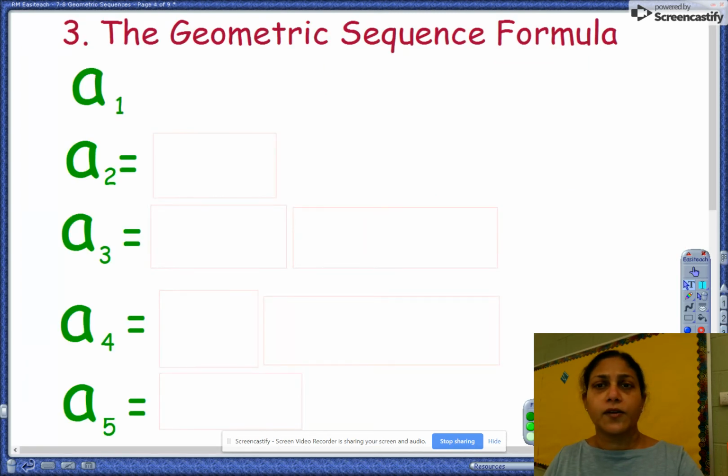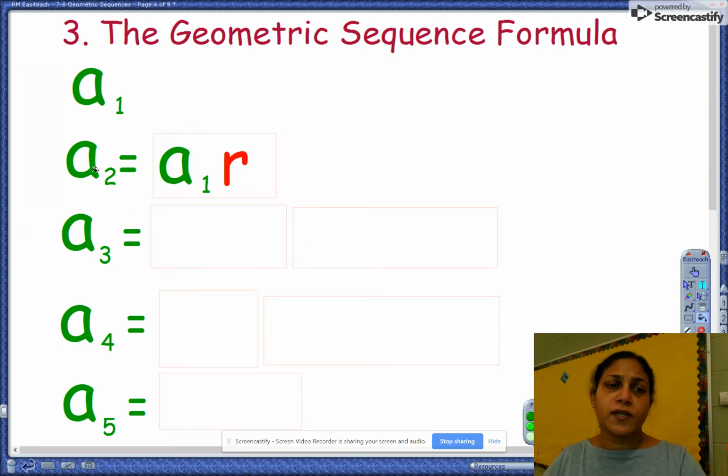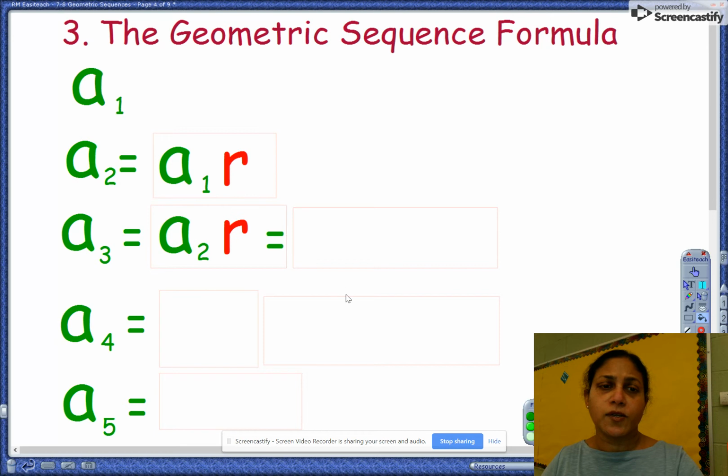All right, so how do we get the geometric sequence formula? Since we are multiplying by the ratio, if the first term is a1, the second term is going to be a1 times r. The third term is going to be the second term times r, but the second term is already a1 times r, so we can substitute.